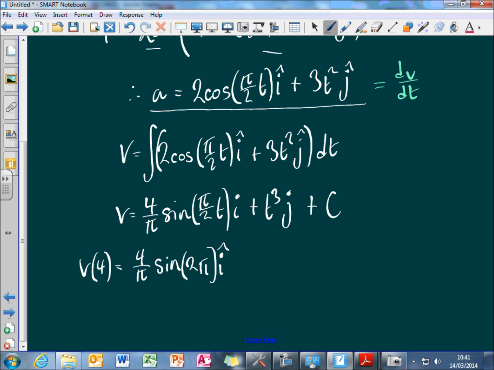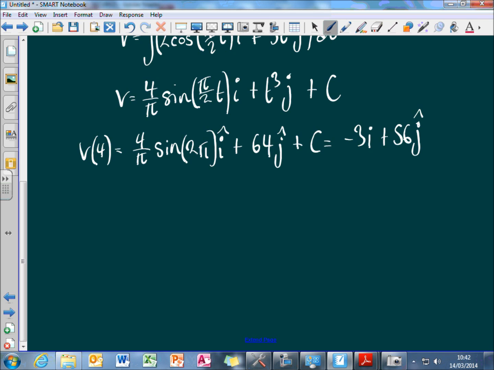And then I change this one to 4 cubed, which is just 64. And that should be equal to minus 3i plus 56j. So now I just compare the i components and the j components, and I have to try and work out what this c is.